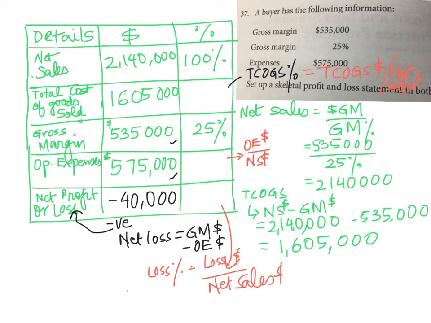So you'll get total cost of goods sold percentage when you divide $1,605,000 by $2,140,000. Total cost of goods sold will come out to be 75%.